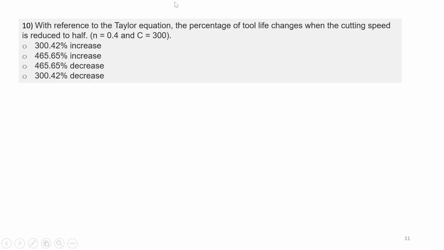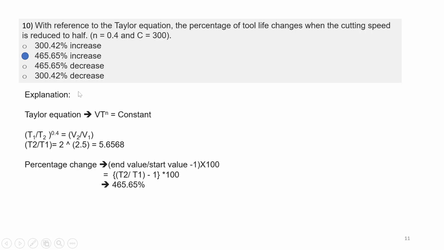As we can see, cutting speed is reduced, so it will lead to improvement in tool life. So the answer will be from the upper two options, and the Taylor equation is given as V t to the power n equals constant.